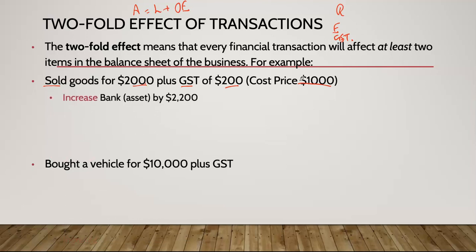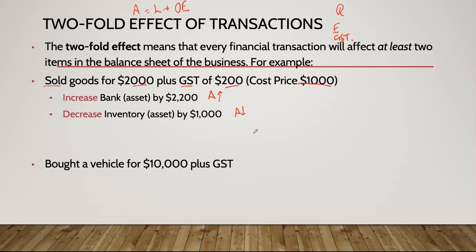The first thing that is going to be impacted is my bank account. My asset bank goes up by $2,200 because I've collected the $2,000 for the sale plus the $200 of the GST. What has gone down in terms of my assets is the inventory. I sold goods.